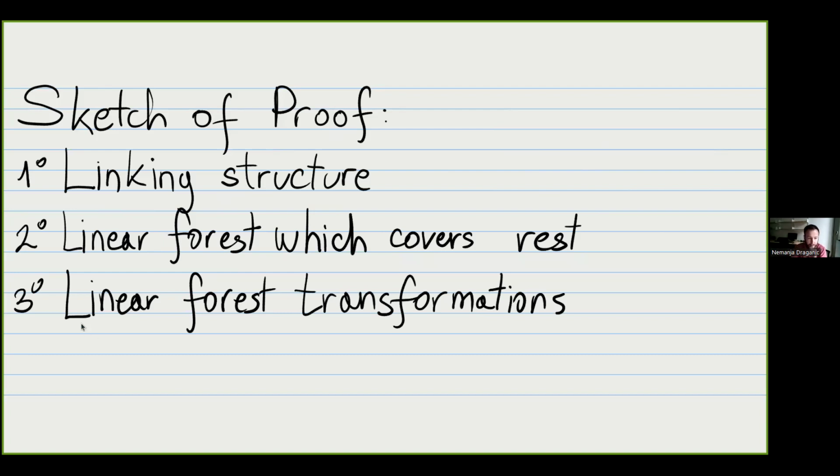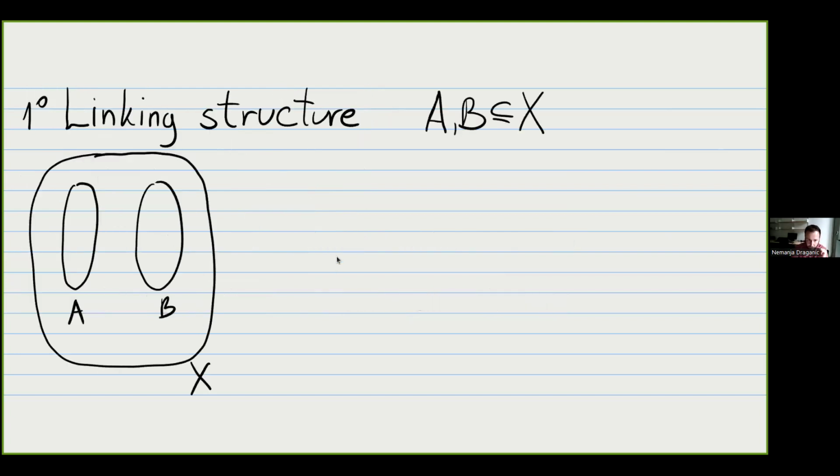In the second step, we find some paths which cover the rest of the vertices. And then in the third step, we integrate this rest into the linking structure to get the Hamilton cycle. So this was very abstract, but it doesn't matter. I'll now clarify all of the steps.